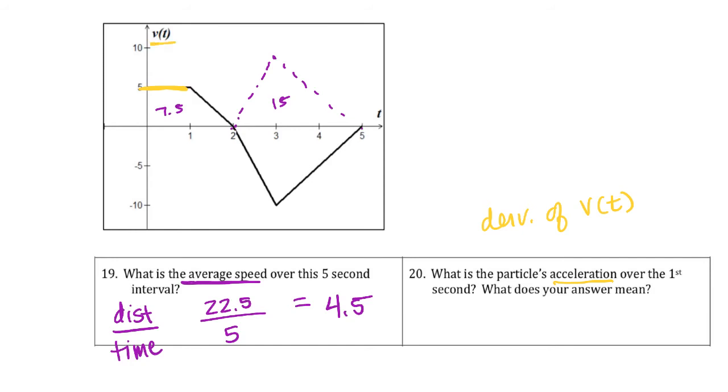If we've got our velocity function, then we're talking about that first derivative. So here, this is a horizontal line, so I know that v prime, just like f prime, is going to give me a 0 there, because it's a constant, it's not going to have a rate of change. So here, a at t over that first second is going to be 0. It didn't ask why. It asks us, what does our answer mean? Well, that means that v at t is constant.